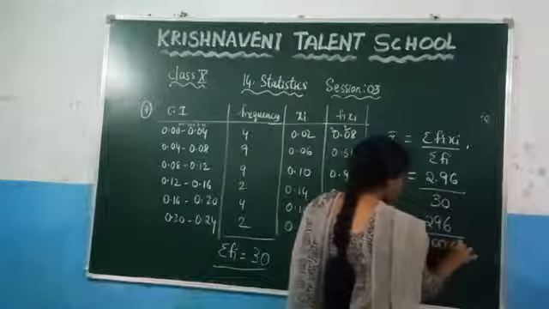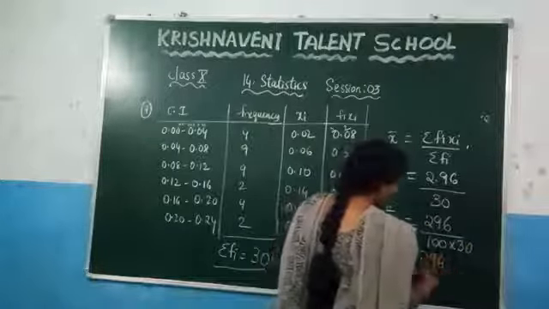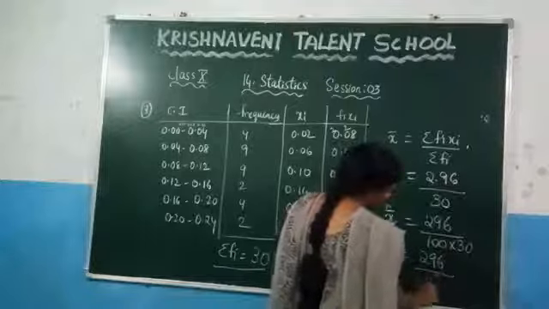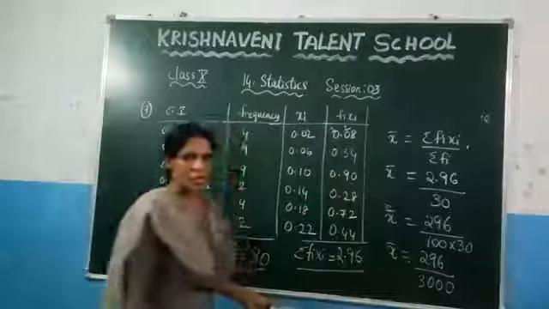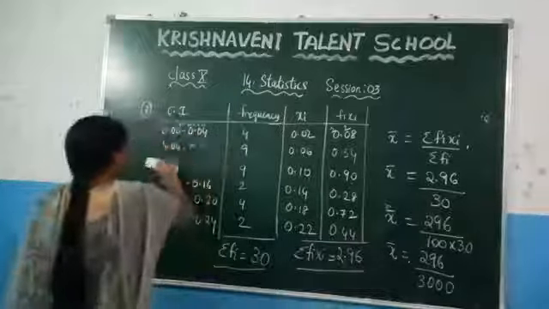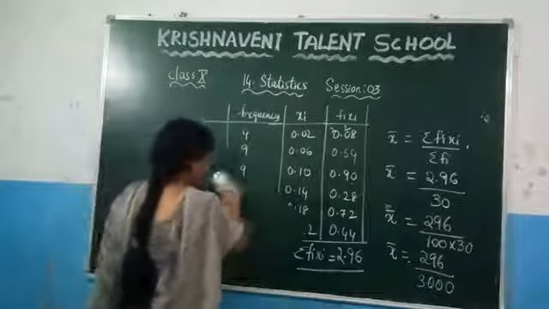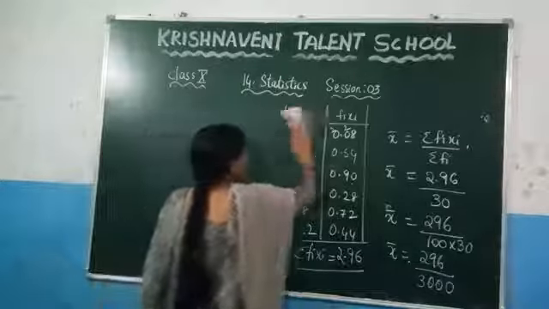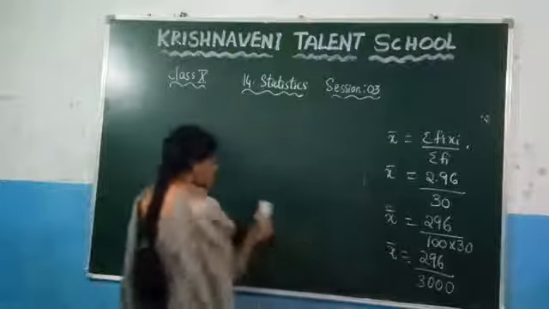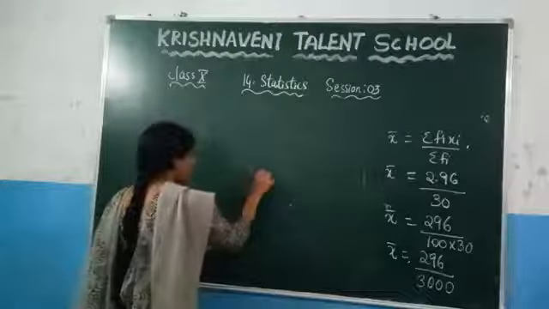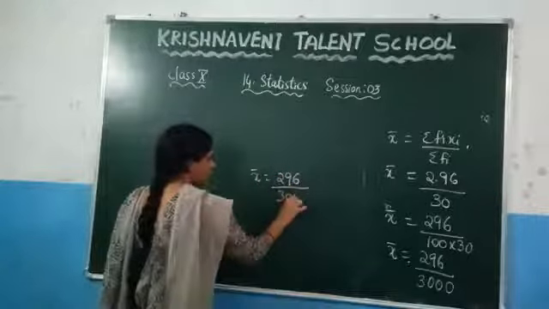What is the number left out here? 30. So what do you get? 296 by 100 into 30, which is 296 by 3000. Now you have to divide these two values. So what we got at last is x bar equal to 296 by 3000.